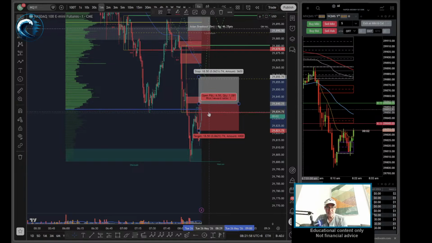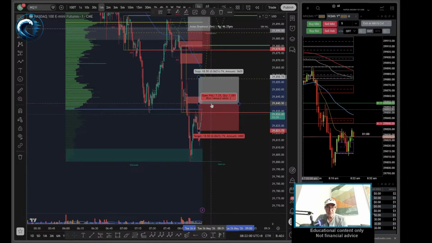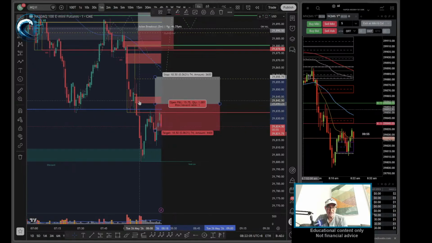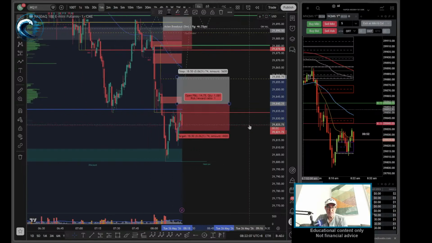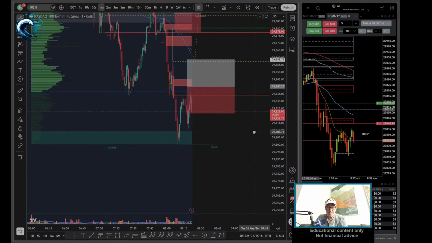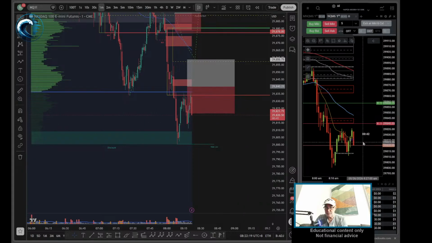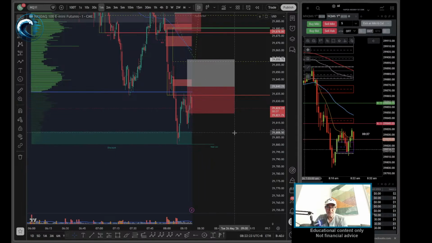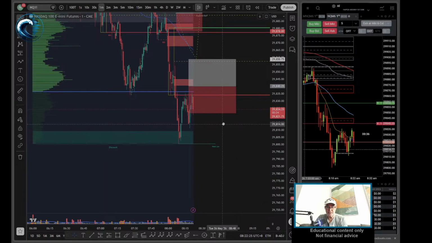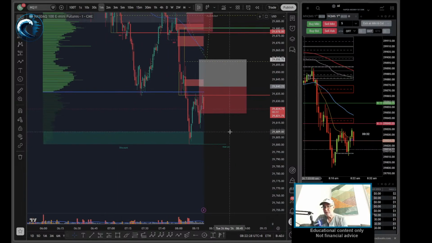But if I can just get a wick through to this fair value gap here, which is this candle here, which is 821, 820, so around this level. This trade does make sense in my mind, but we shall see what it does.